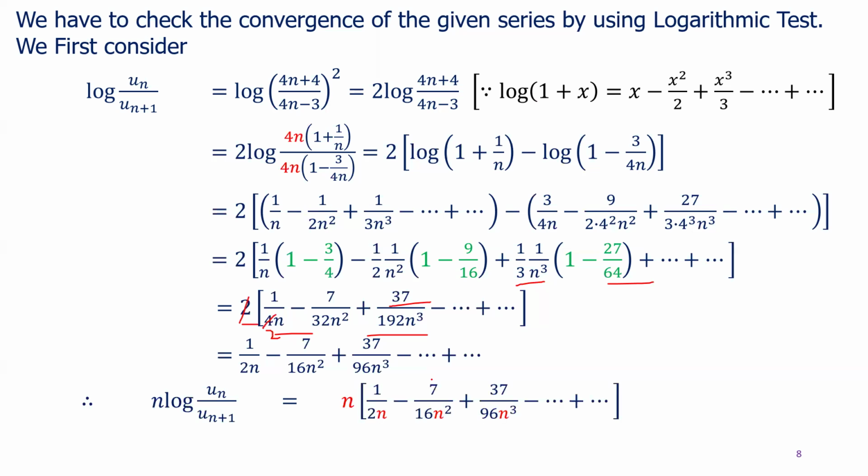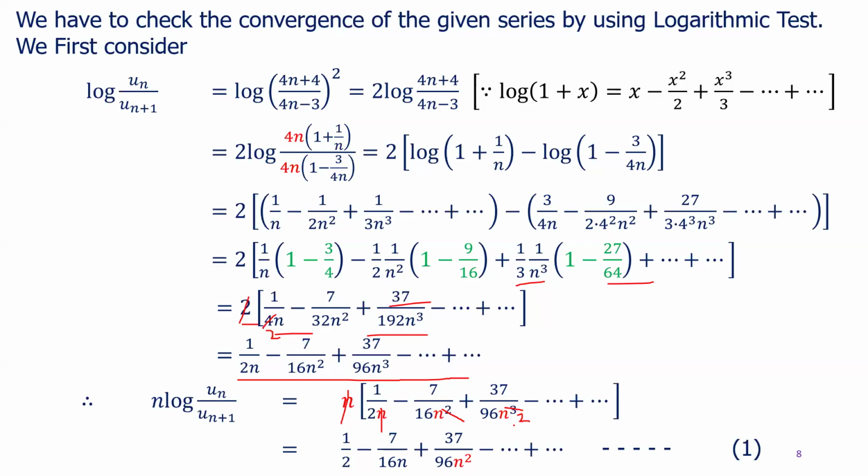Therefore, n log un upon un plus 1 is obtained by multiplying this by n. One n will cancel in each term. And now it is 1 upon 2 minus 7 upon 16n plus 37 upon 96 n square, and so on. This is the value of n log un upon un plus 1.